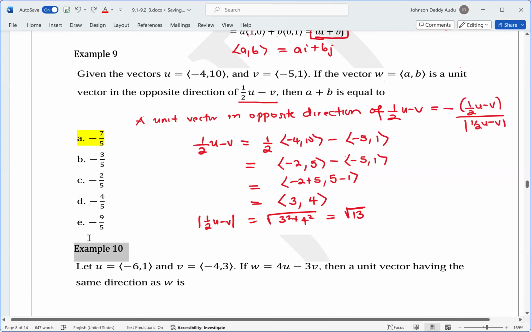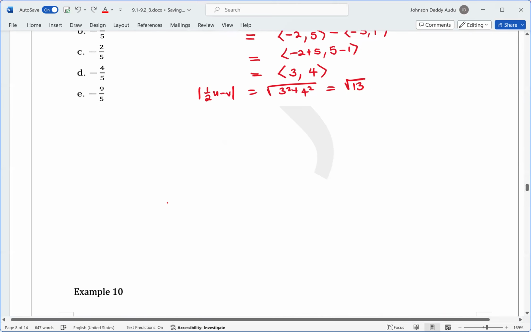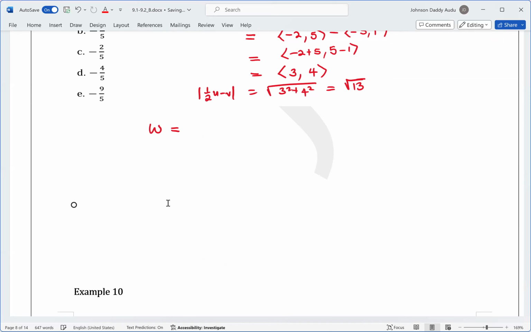So what can we do now? There's more space. So in order to find this, it means that W, which is actually that vector, remember W is the vector itself. So you can call W this vector. It is just minus, what is this vector?